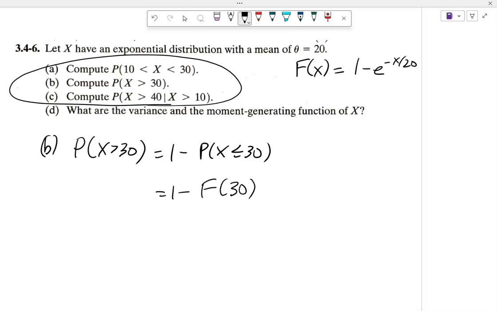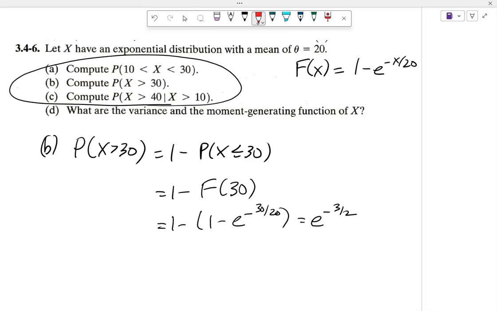We agree? So when you're done, you should get e to the negative 3 halves there. That looks like one we did earlier, doesn't it? When we did the probability that x was greater than 2, we flipped it around. Are we okay with part B? I did that one first because it looked like one we already did.